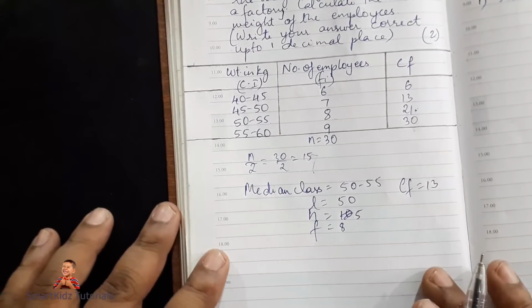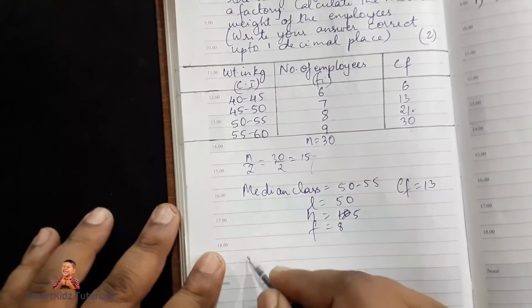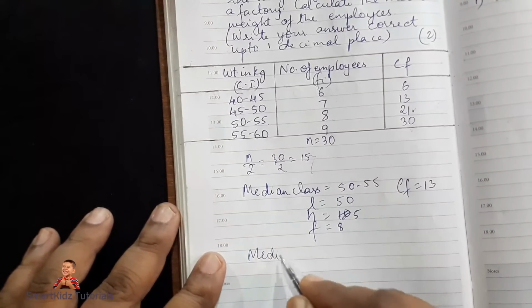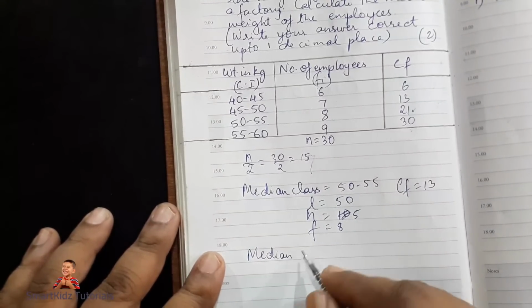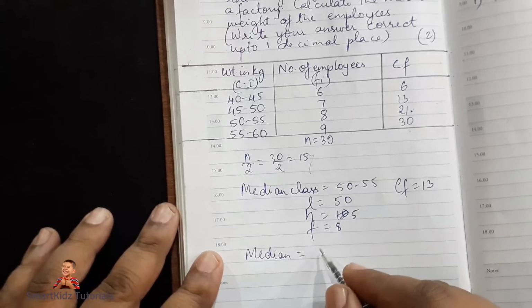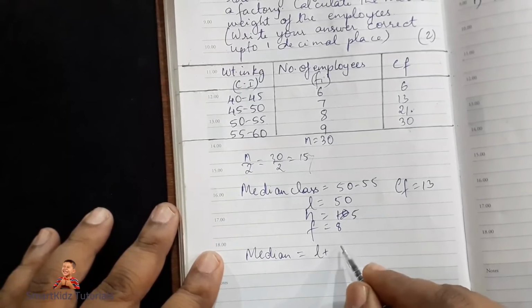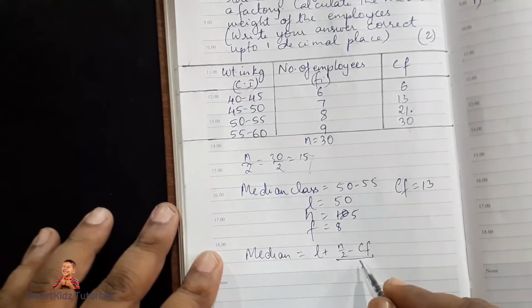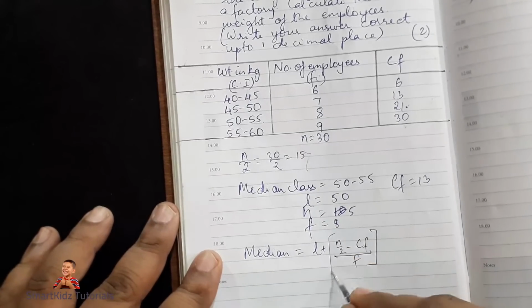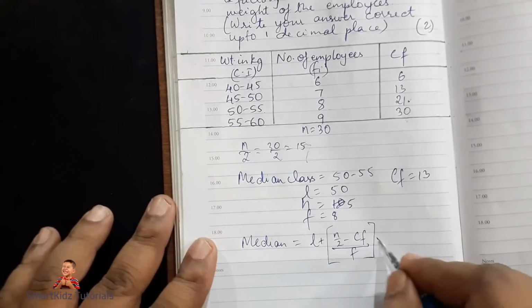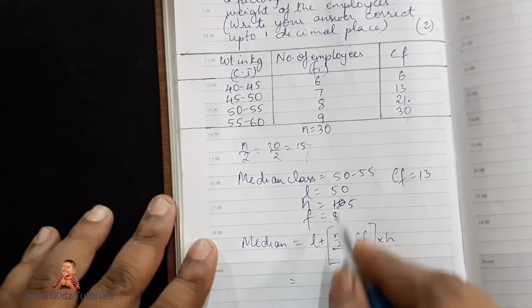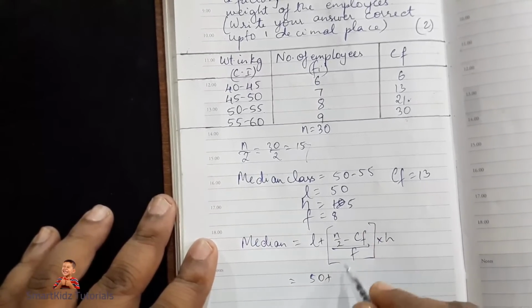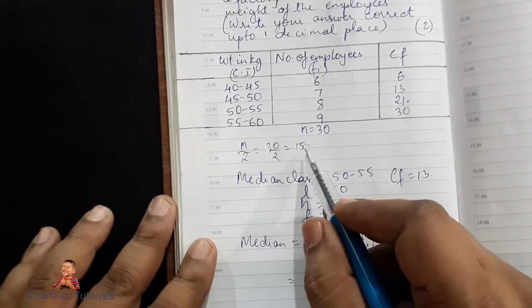Now that we are ready, we will put all these values in the formula to find the median. So median equal to L plus n upon 2 minus cumulative frequency, whole thing upon F. We put this in the bracket this way and we multiply it with H. So L is 50 plus n upon 2, we have got over here as 15.